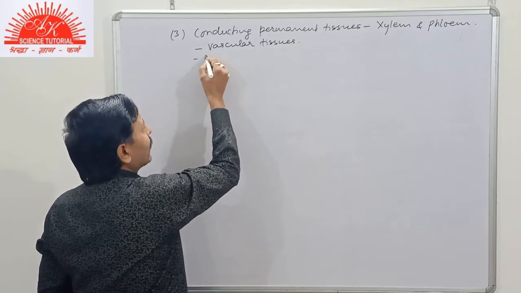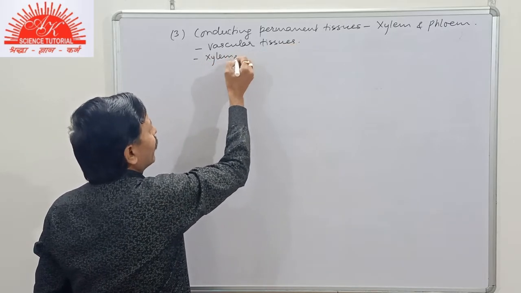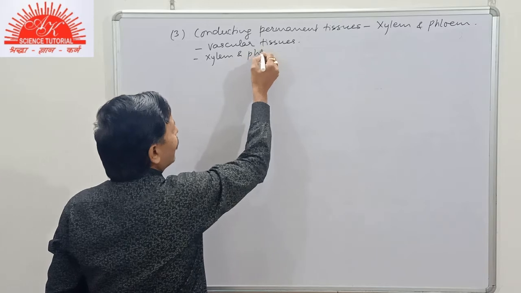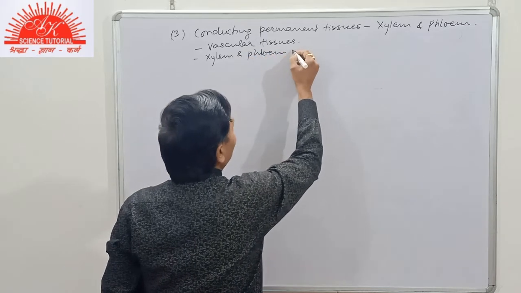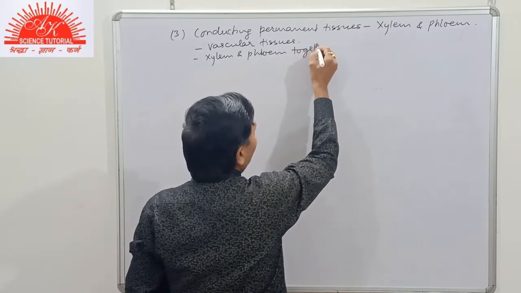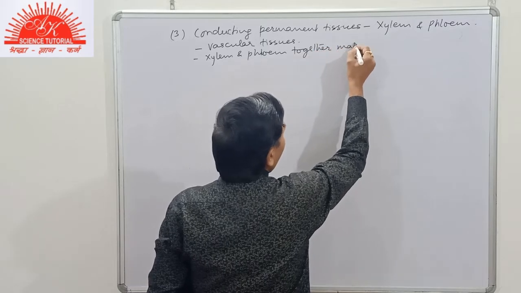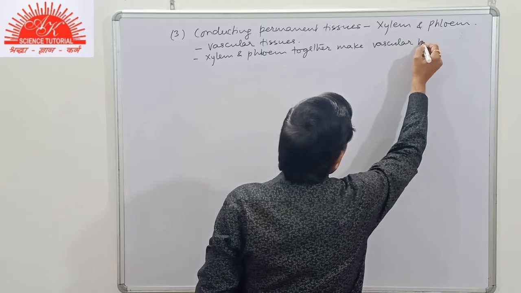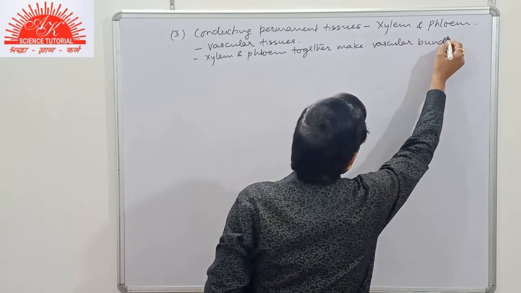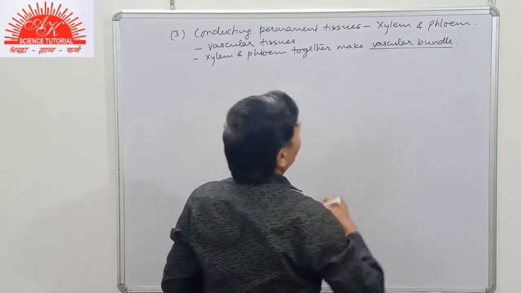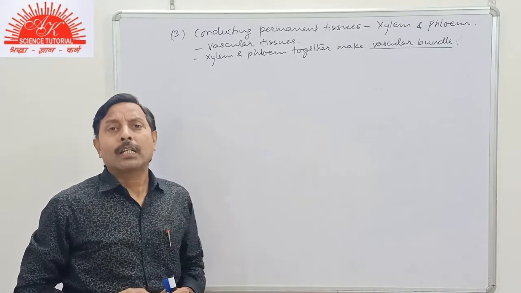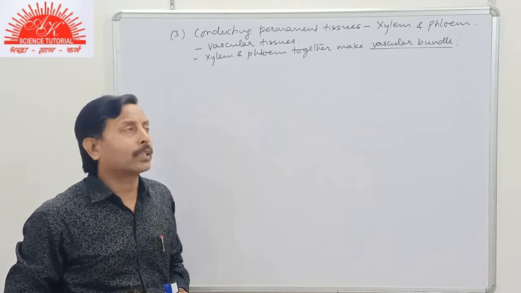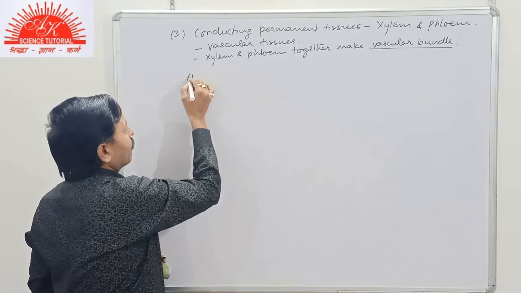Further, we see that xylem and phloem together make the vascular bundle. Now students, we are going to start with the xylem.